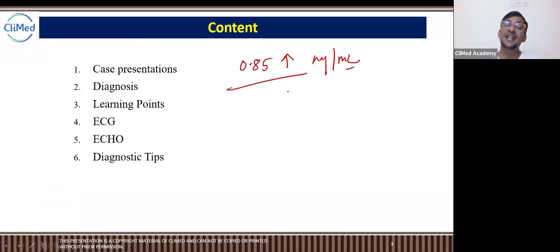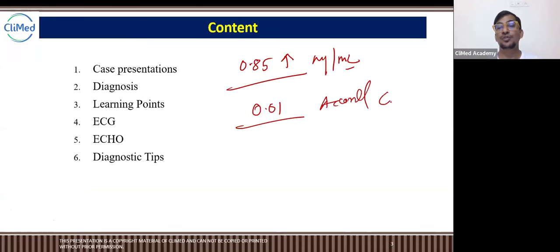See, normal is 0.01 according to multiple guidelines. If it is less than 0.01 ng per ml, that is the normal thing.